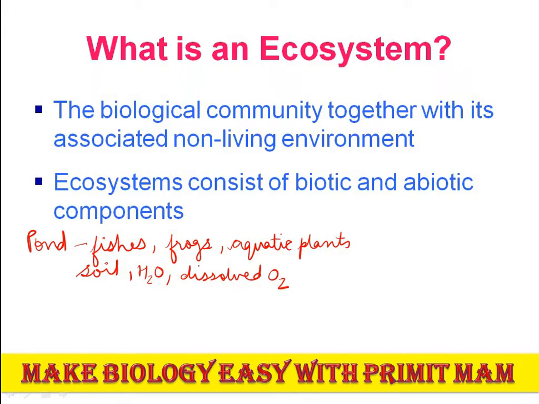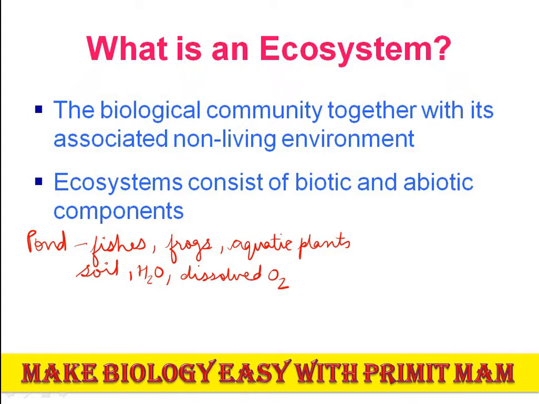Similarly, there can be many other examples like forest. Forest is a particular area where a lot of organisms are present. In forest, there are living organisms, non-living components, and they both interact with each other. So, forest is also an example of an ecosystem.